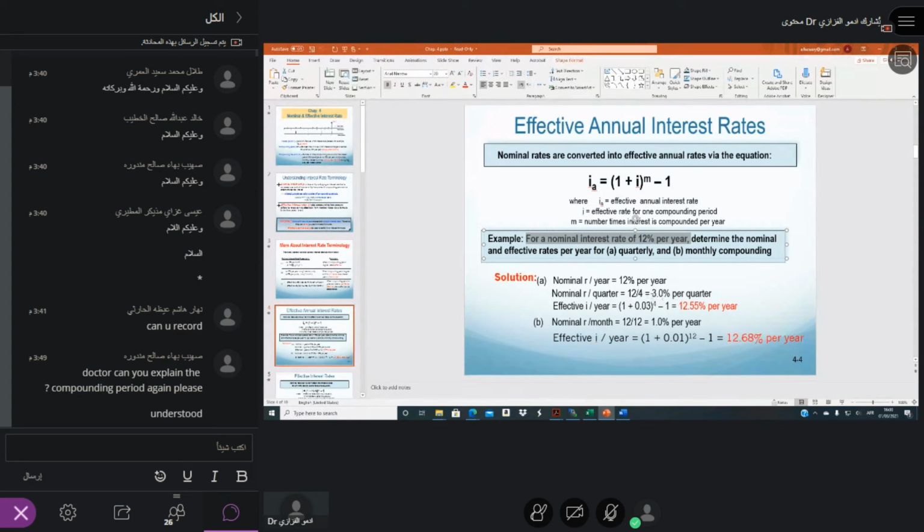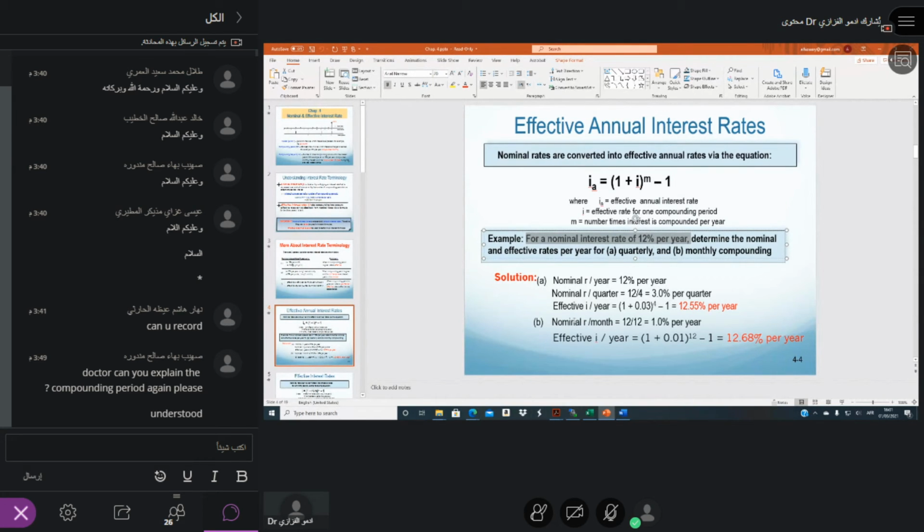You can use this nominal quarterly rate and plug it into this formula to find the quarterly effective interest rate, which is 1 plus the nominal quarterly interest rate, 3 divided by 100, raised to M, which is 4, minus 1, and this is what you have.